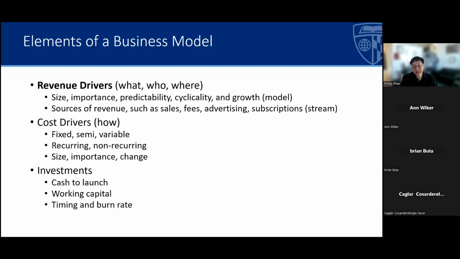All right, so understanding, if you will, the characteristics of each revenue stream and the combination of these streams, which are essentially the sources of revenue from sales, direct sales, or fees, or advertising, or subscriptions. And there are lots of examples of different kinds of revenue streams. The combination of these things and their characteristics in terms of growth, cyclicality, predictability, altogether comprise your revenue model.